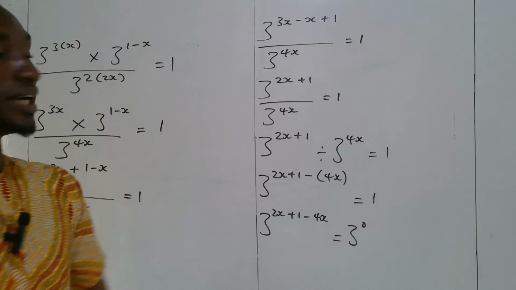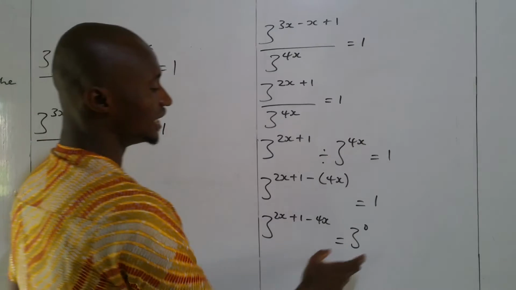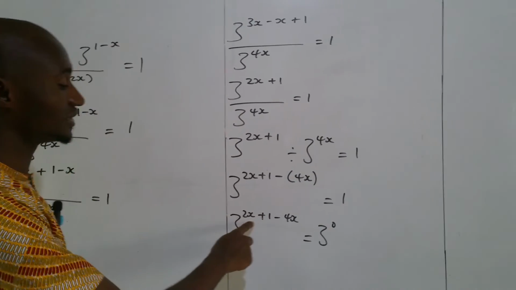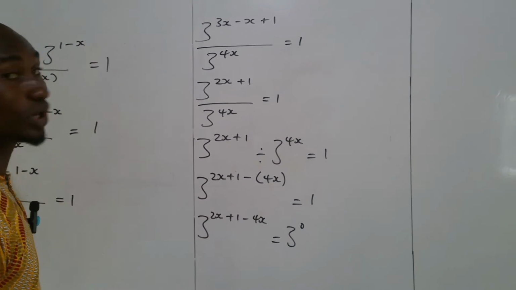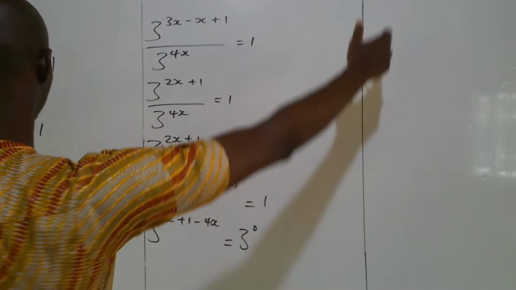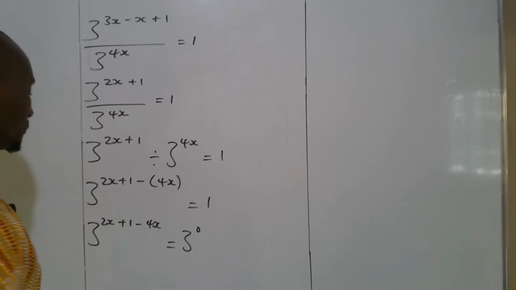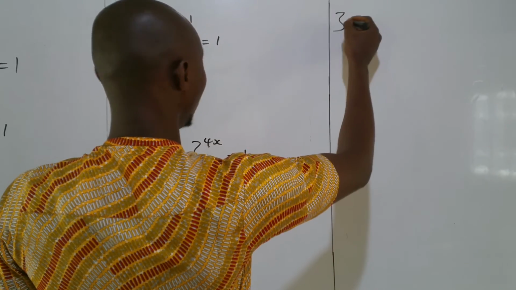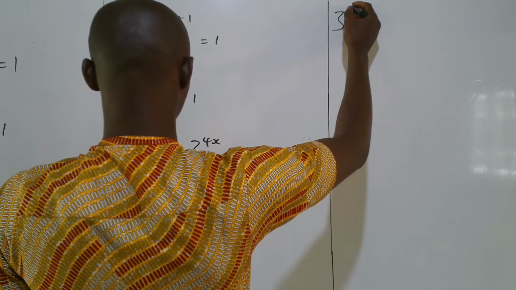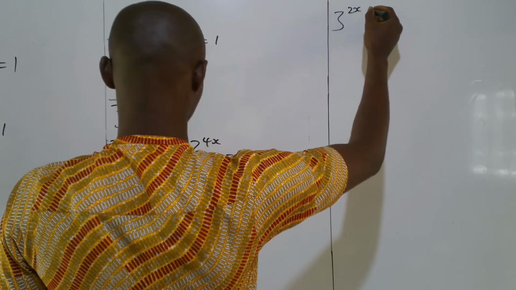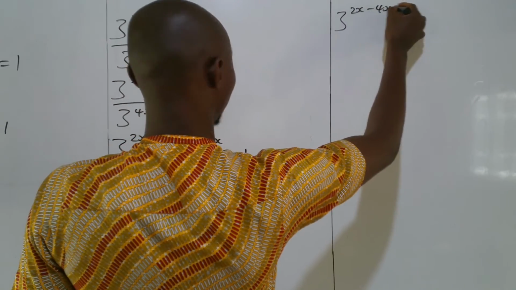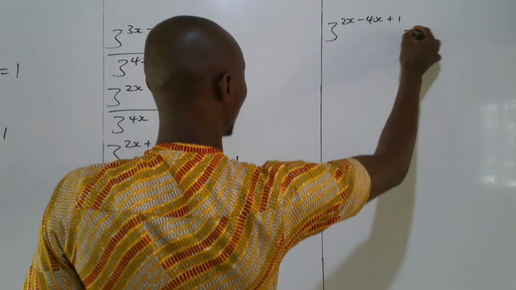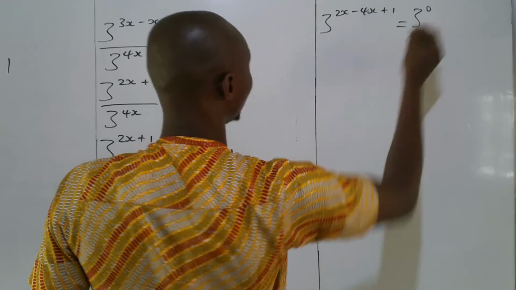So, are you seeing it now? But before I do anything here, I need to collect like terms in the indices. So 3 raised to the power 2x minus 4x plus 1 equals 3 raised to the power 0.